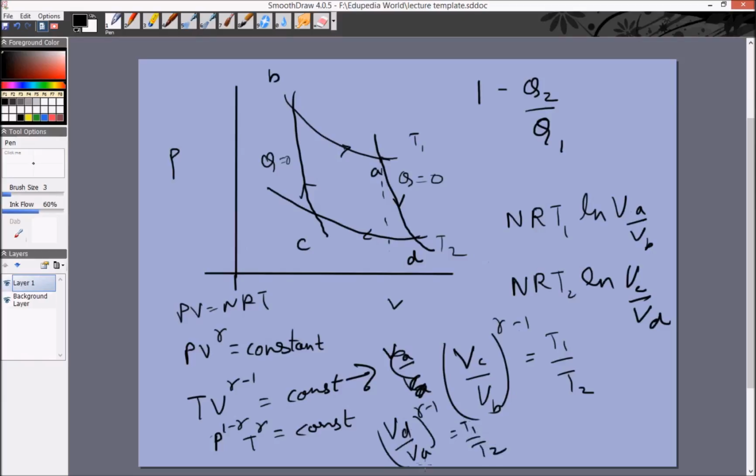That gives us VD by VA is equal to VC by VB, or VA by VB is equal to VC by VD. That means when these two terms are equal, the ratio of Q's becomes T1 and T2. What it ultimately comes out to is that the efficiency is also equal to 1 minus T2 by T1, or it is sometimes written as 1 minus T cold by T hot.